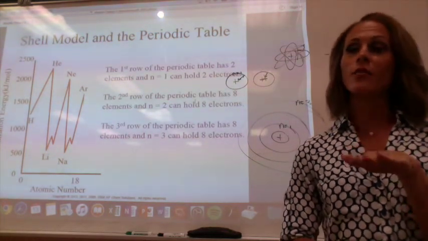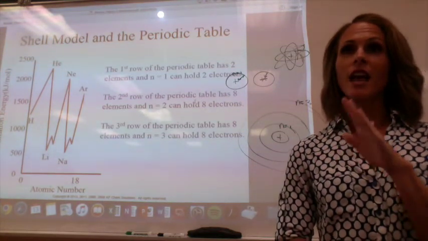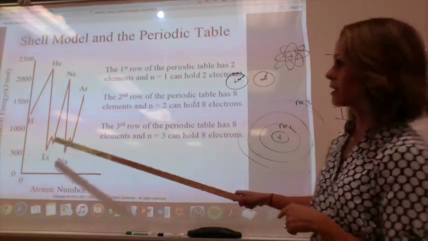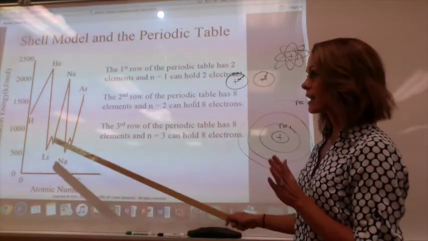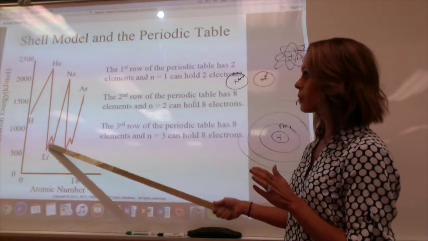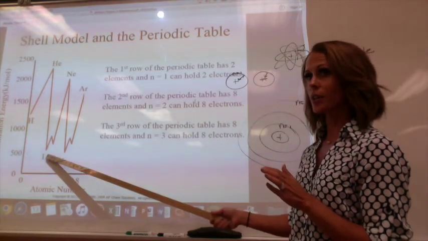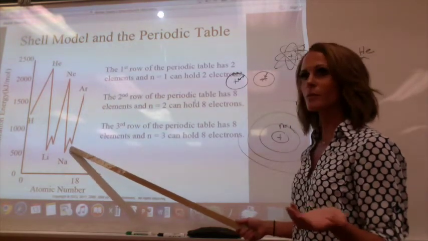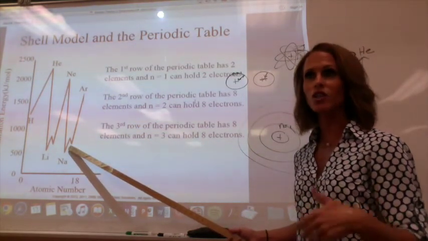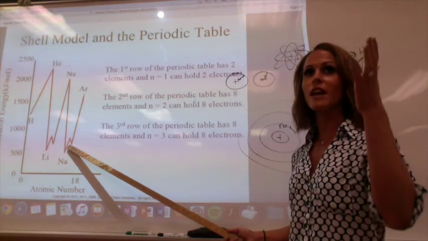Right now, they just know that there's subshells, and they know from this data, when they go from lithium to neon, and then all of a sudden it drops again, that tells them these must all be in the same period. Do you agree? Because you see a general trend, and then all of a sudden it drops, and you're like, this must now be in a new energy level because the energy decreased dramatically. So we must have added an energy level.